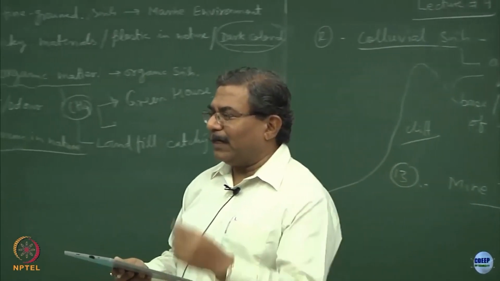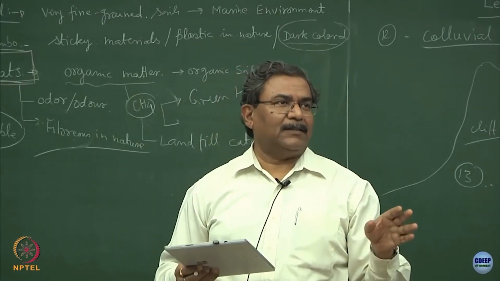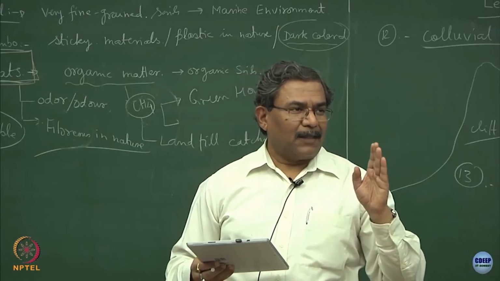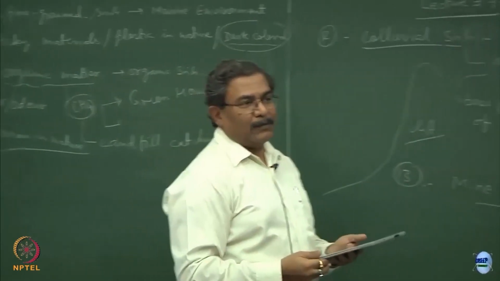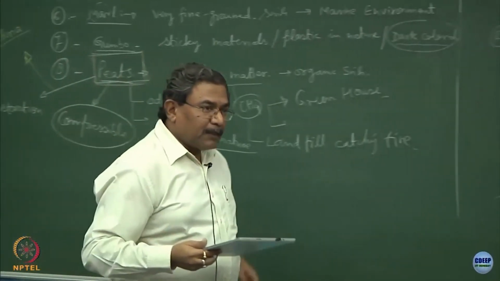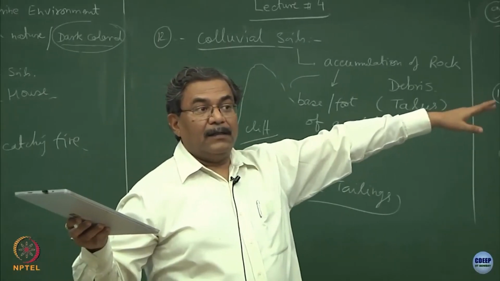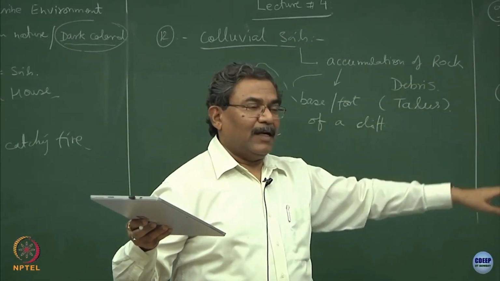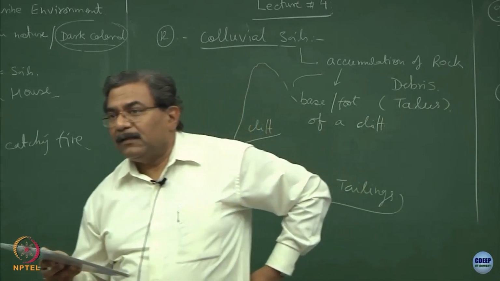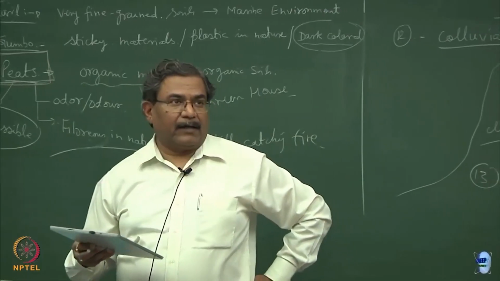What I am trying to hint at is most of the mining activities, thermal power plants are in the vicinity of Jamshedpur. So, what you see is when you pass by the railway track, both the sides of the railway tracks are having huge dumps, and some of these dumps might be having fire.